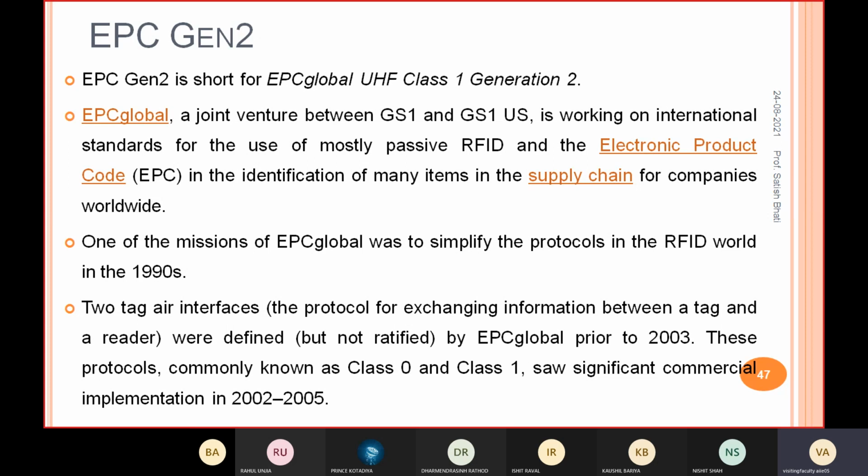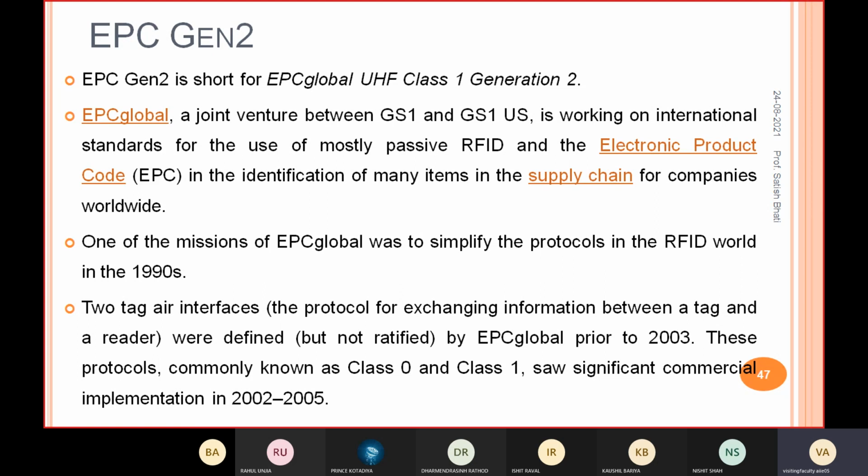One mission of EPC Global was to simplify the protocol in the RFID world. RFID was invented, you can say, before the 90s, and in the 90s these organizations started. Their main aim is to simplify the protocol and make it worldwide.